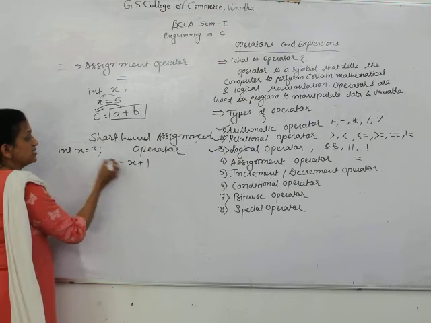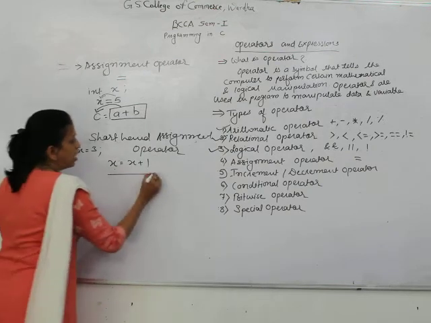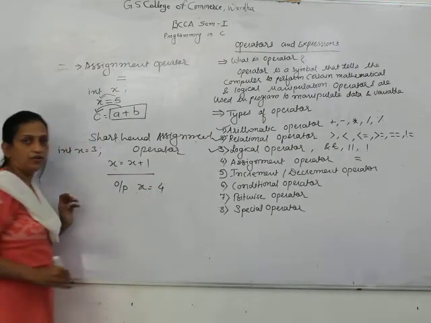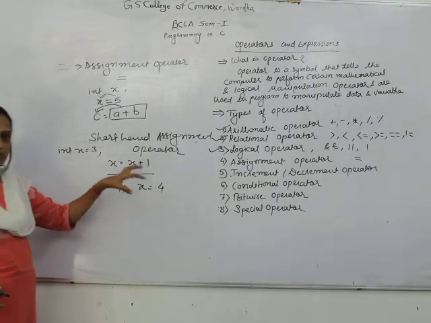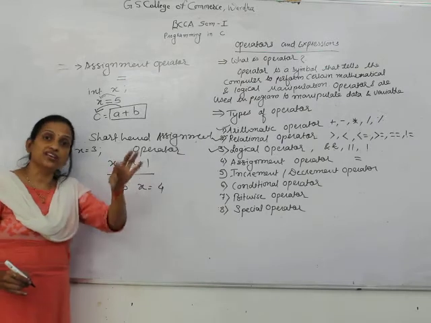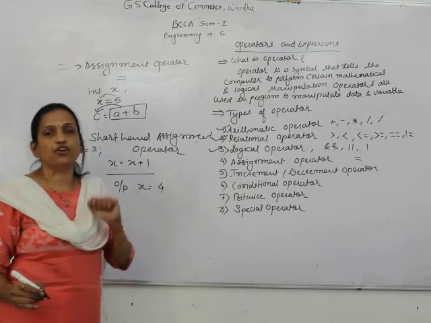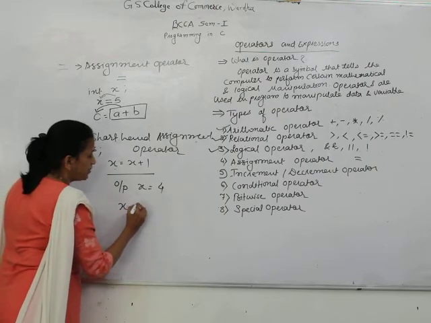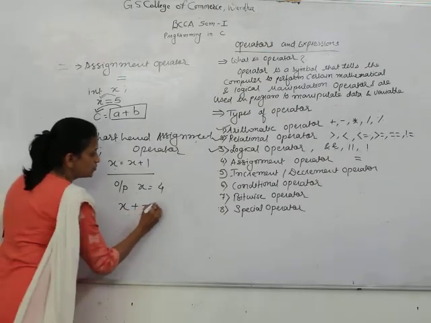Now the x is 4. Here the output means the value of x is equals to 4. But if you don't want to write in this way, you can write this expression in short form. The short form of this expression is x plus equals to 1.